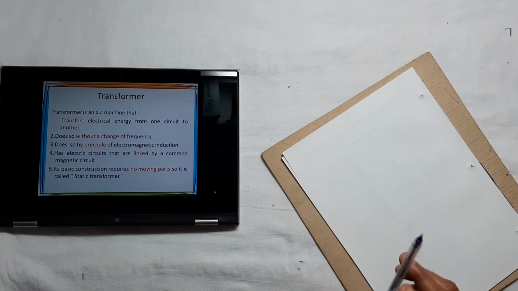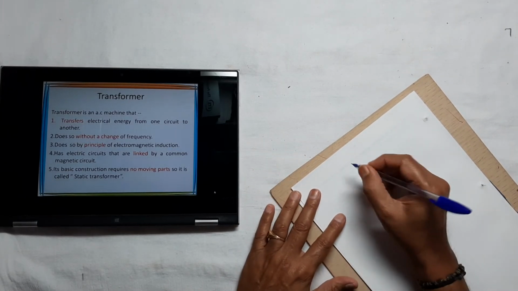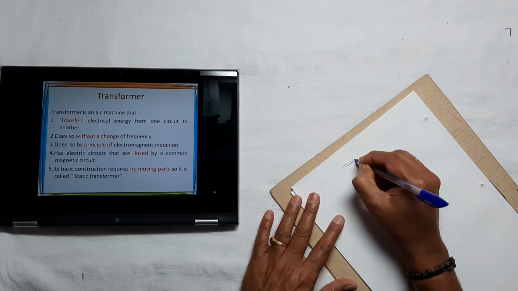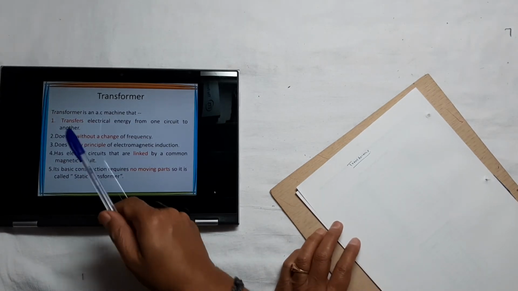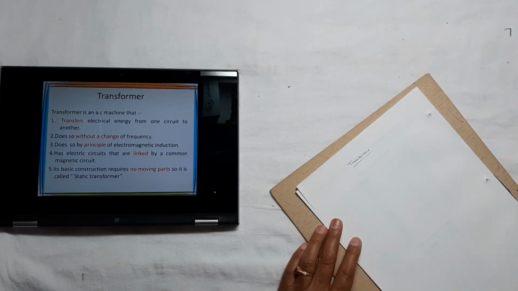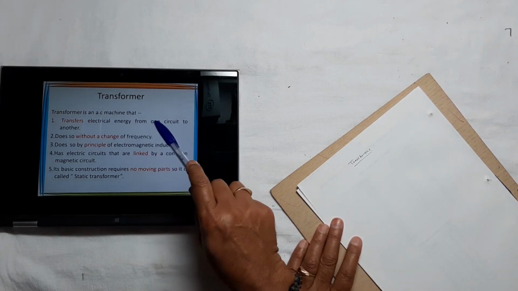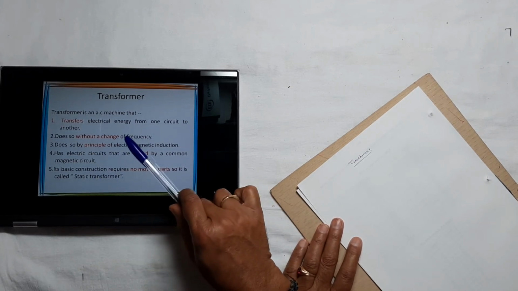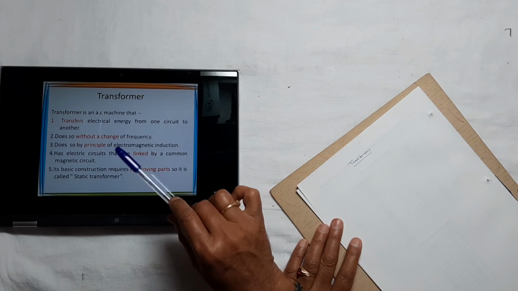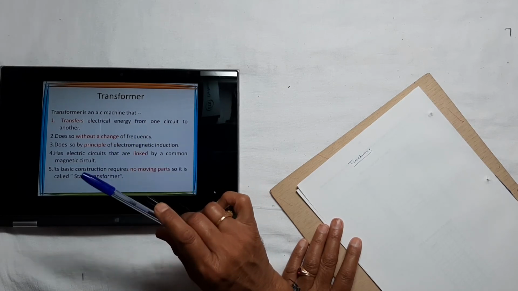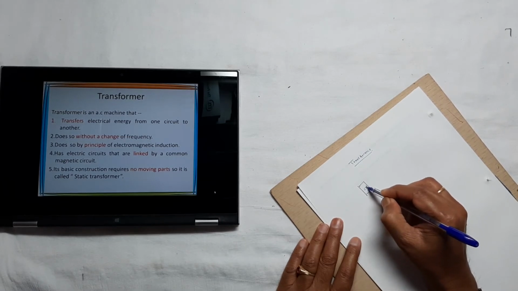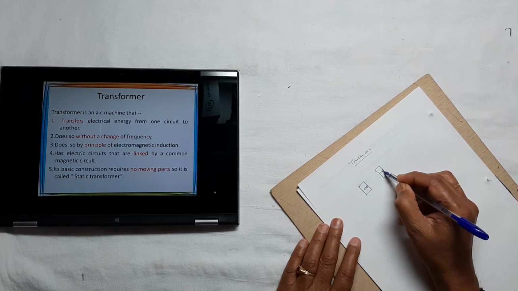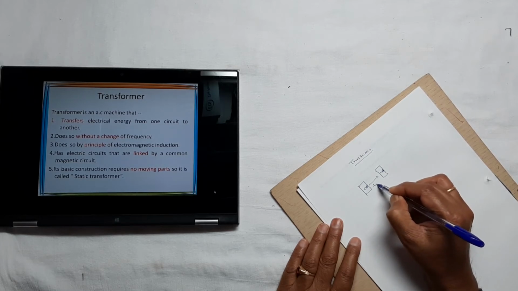Okay, here are some of the important points that I am listing out for transformers. The basic function of the transformer is it transfers the electrical energy from one circuit to another circuit. It does so without change of the frequency. Another important characteristic of the transformer is that when it is transferring the electrical energy from one circuit to the other circuit, the frequency remains the same.